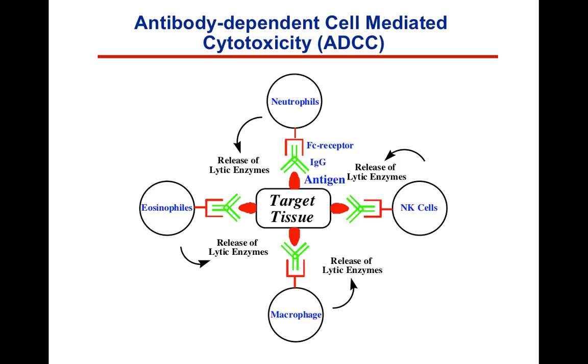So that's how antibodies are connected to being able to destroy potential pathogens that we've talked about. This is the one mechanism. The next mechanism we'll talk about will be complement, which will be in the next lecture.